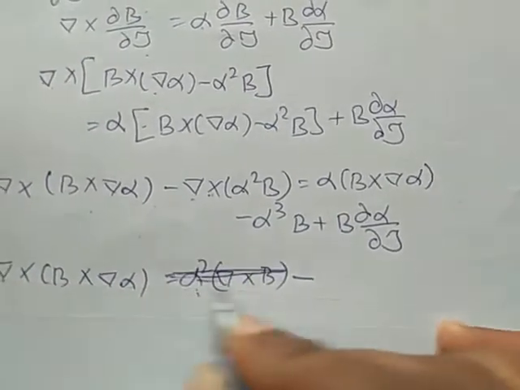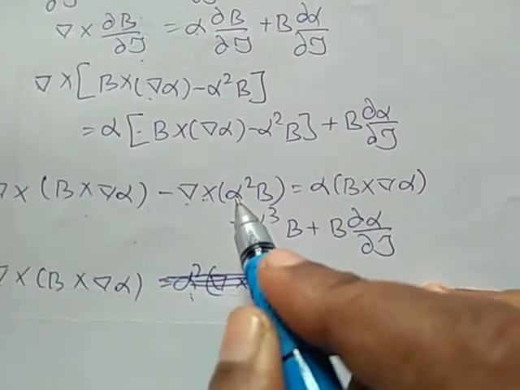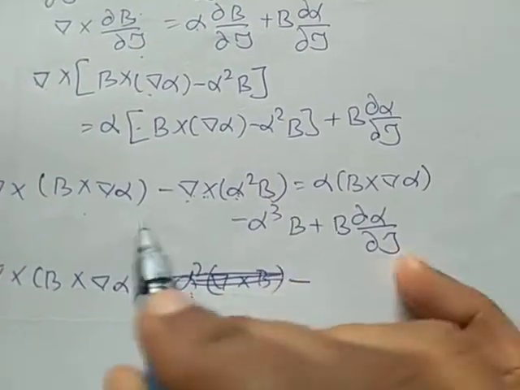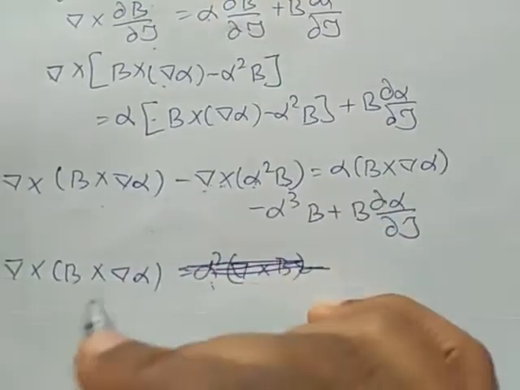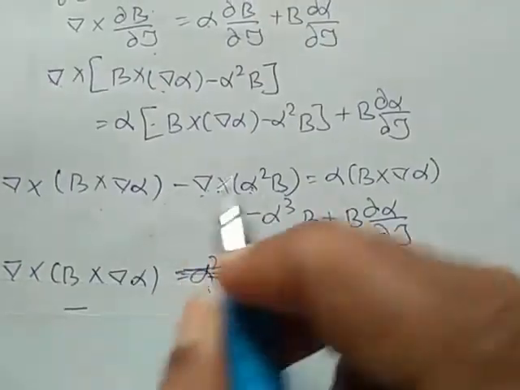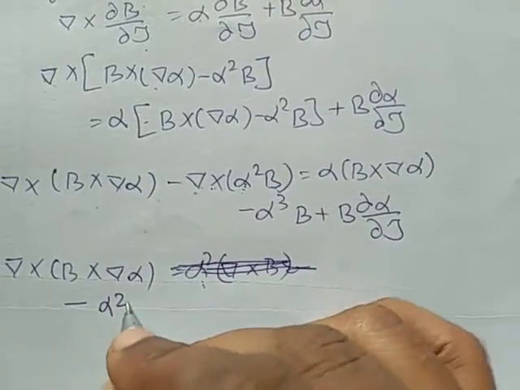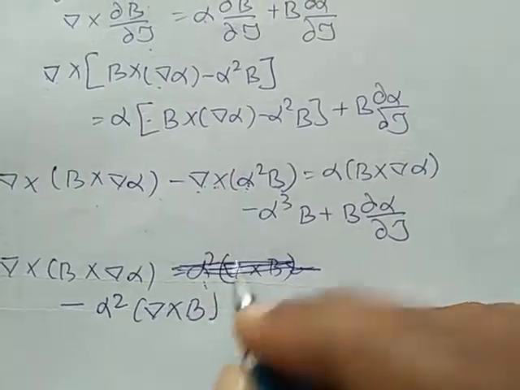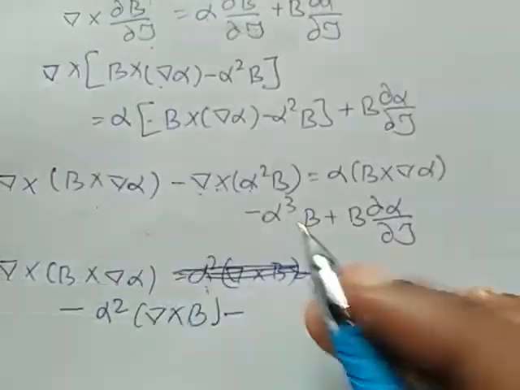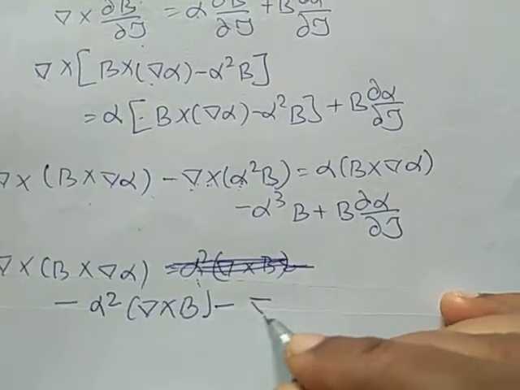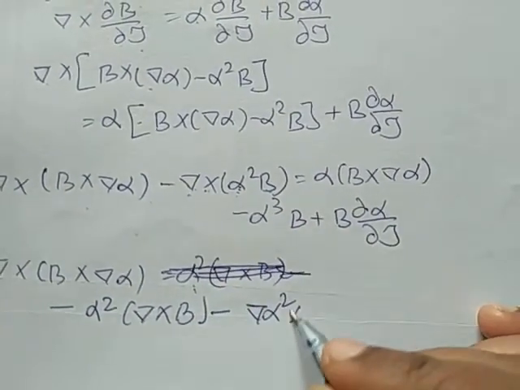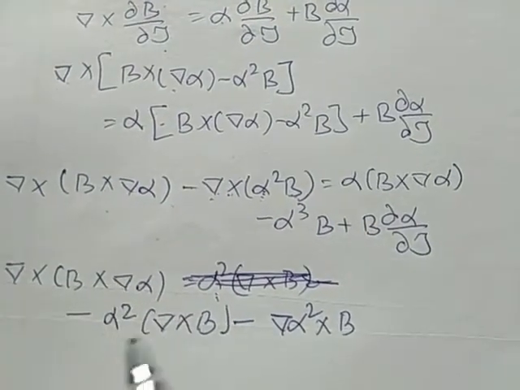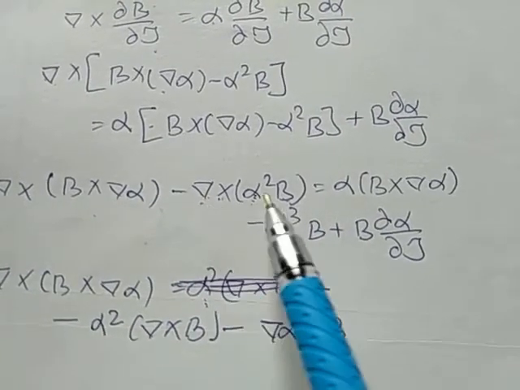I will use the vector identity for the curl of phi f. The curl of some scalar function into f is, so we will get minus, phi is alpha square, into curl of B, minus del phi into B. So the first term remains as it is, curl of B cross del alpha, minus, this is of the form del cross phi f.